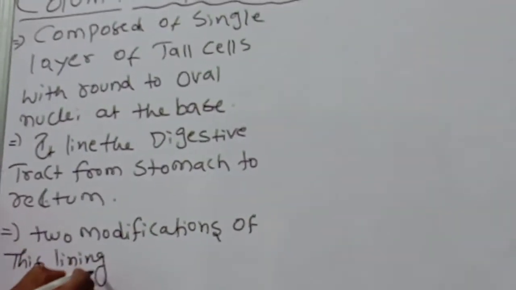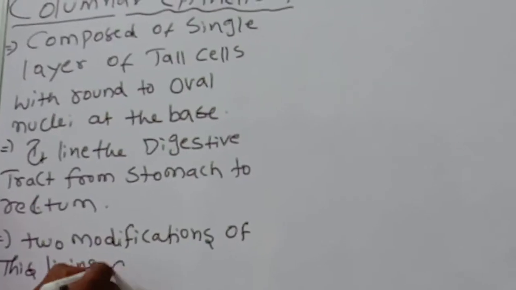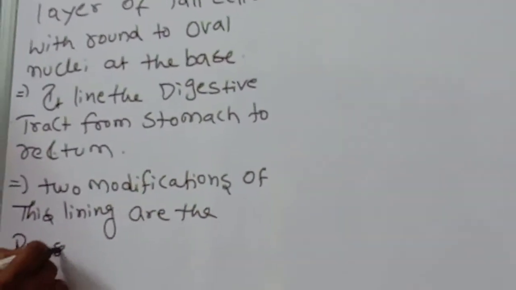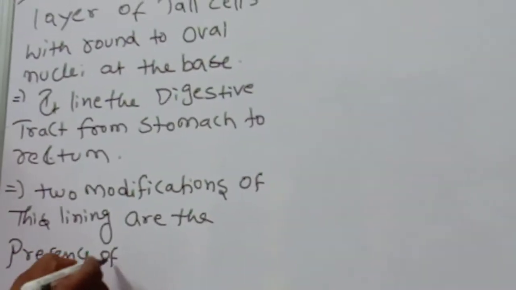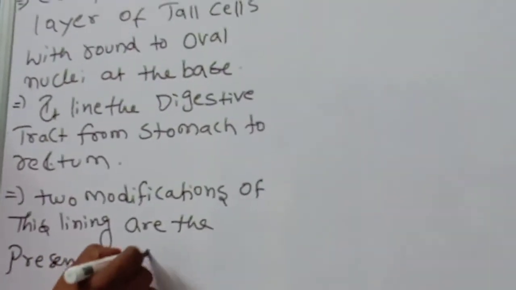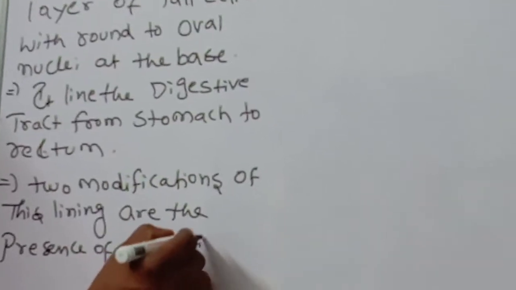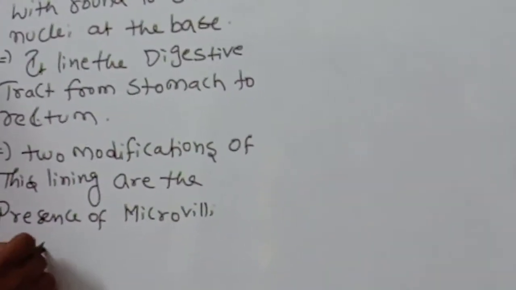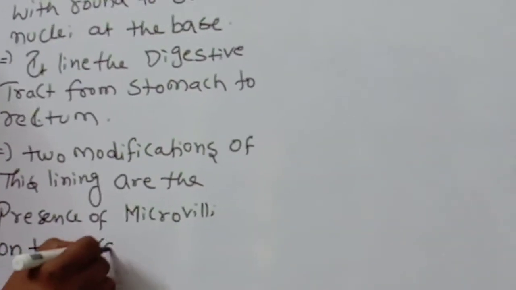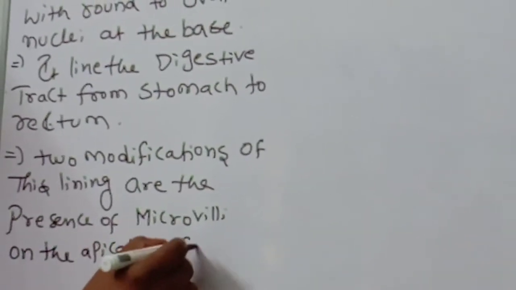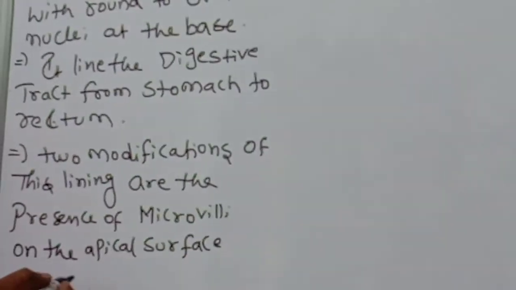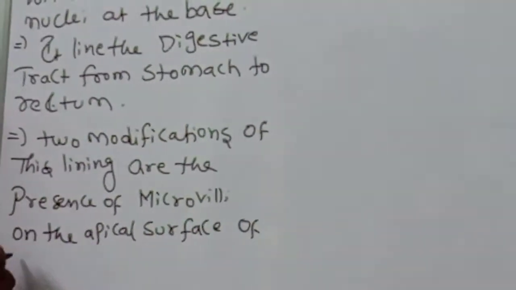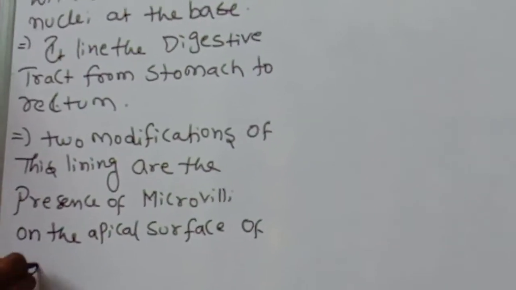The two modifications of this lining are the presence of microvilli on the apical surface of the absorptive cells. This point you have to remember.